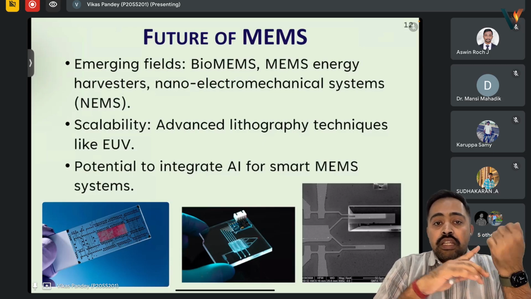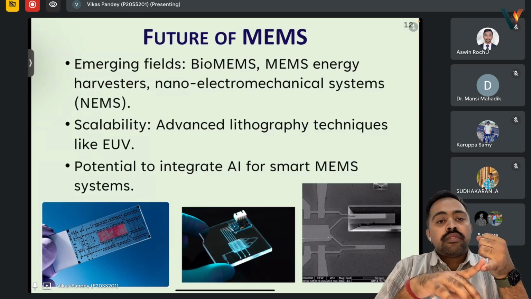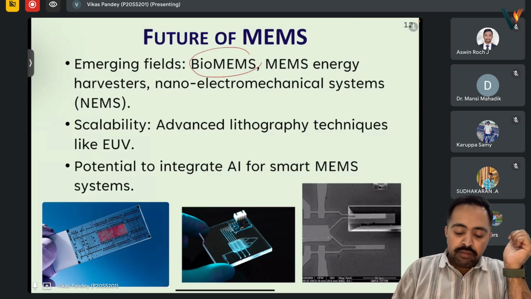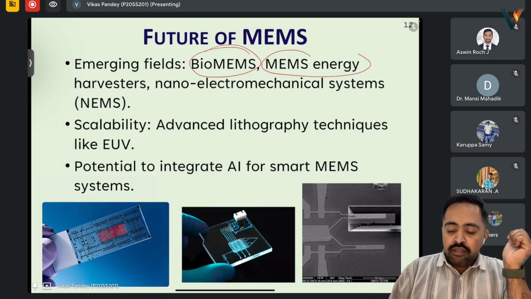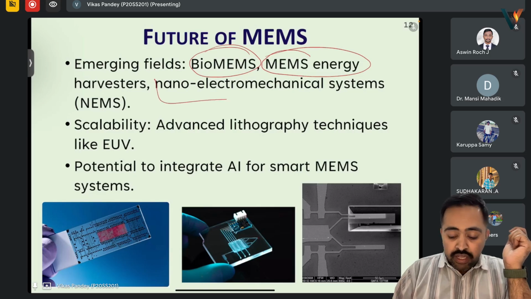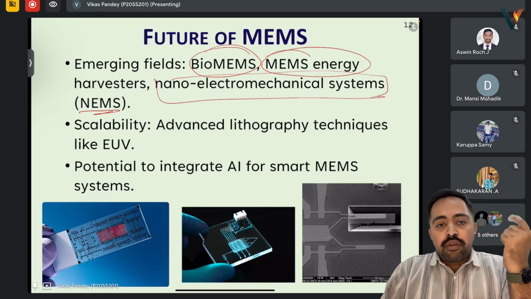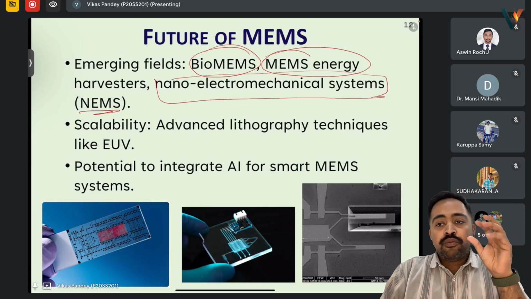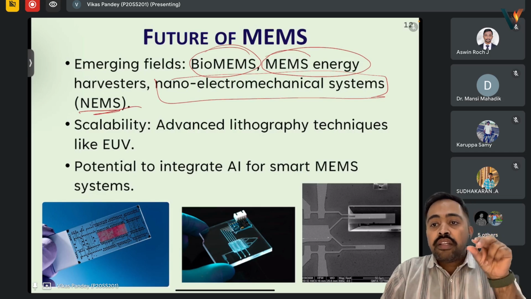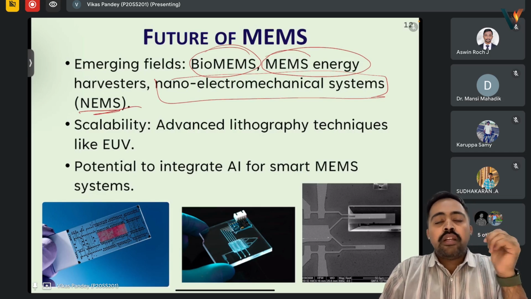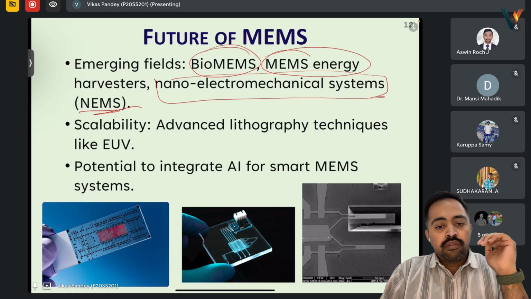There are some emerging fields like biomems and MEMS energy harvesters, and nano electromechanical systems, that is NEMS, an advanced form of MEMS where the dimensions are in nanometers.